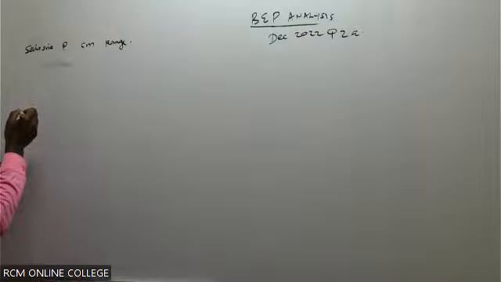So we are going to have 400, 450, 500. The probabilities here, we have 0.3, we have 0.5, we have 0.2.